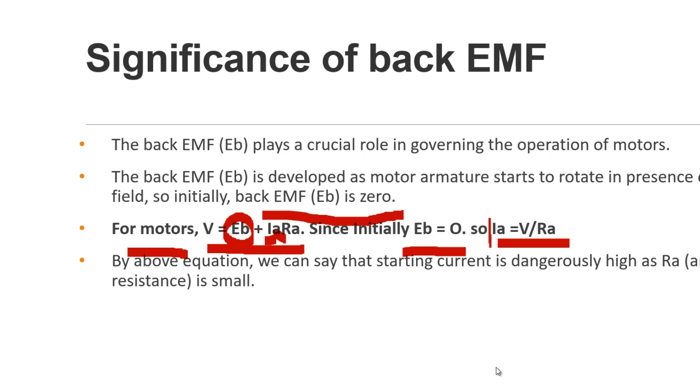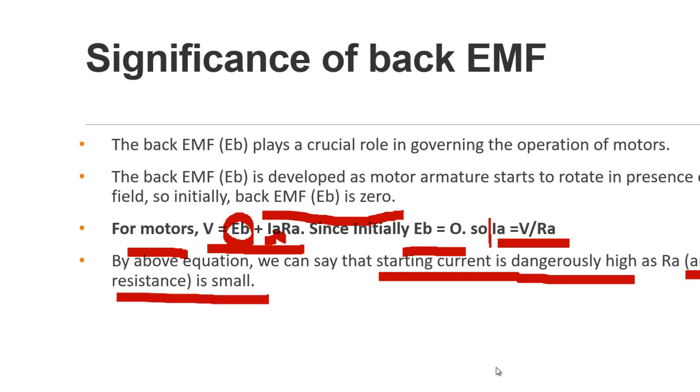By the above equation, we can say that the starting current is dangerously high, because we know that in motors, armature resistance is very small. So here EB is 0, so the starting current, that is the armature current, is very high.